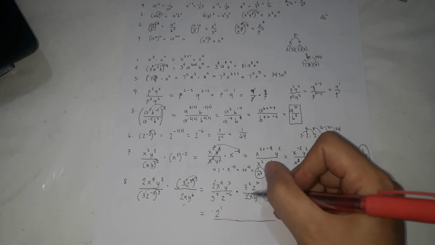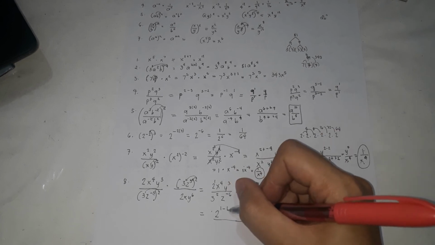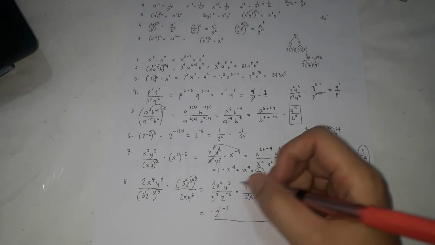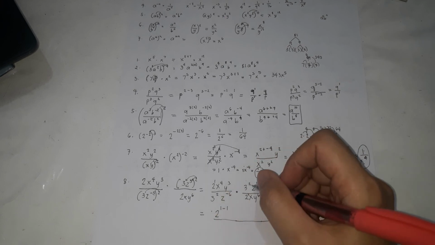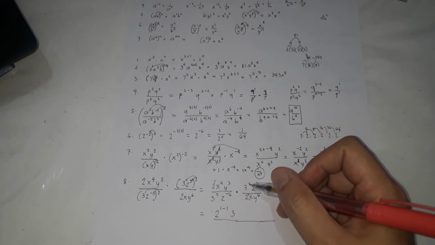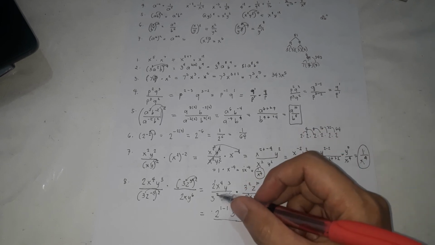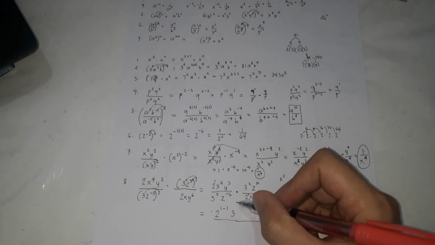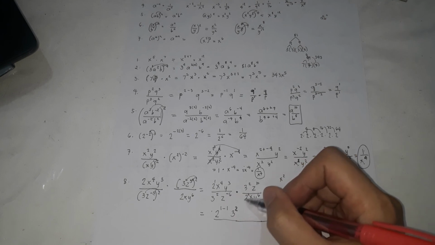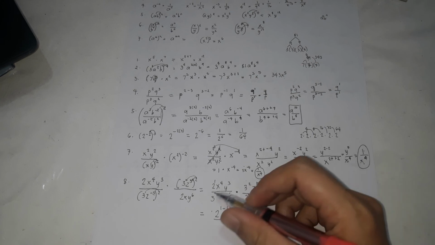So, 1 minus 1. Sa 3 naman, pwede mo isulat dito sa taas o sa baba kasi equal sila na exponent. So, 3. So, you will put it in the numerator kasi nga, equal ang exponent nila. So, diba dito, 2, 2. So, kapag pareho, it's up to you where you are going to write them, sa taas ba o sa baba. 2 minus 2, 2 minus 2.